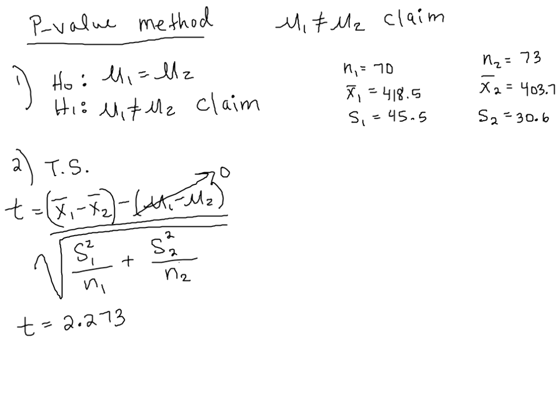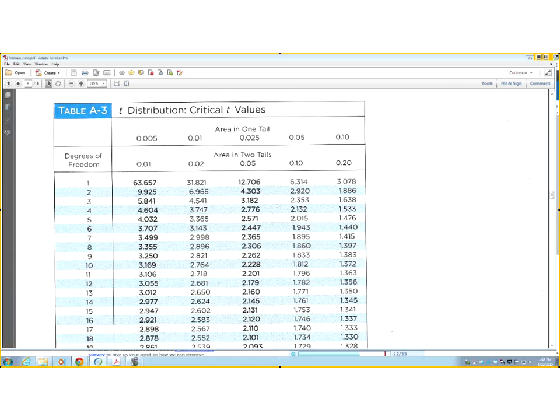So degrees of freedom, well, I take the smallest sample size, which is 70, and I use the degrees of freedom. So that would be 69. So it's the smallest degrees of freedom, and that's going to come from the smallest sample size. So 69. So when you go to your table, you're going to look at 69, which I don't have here.